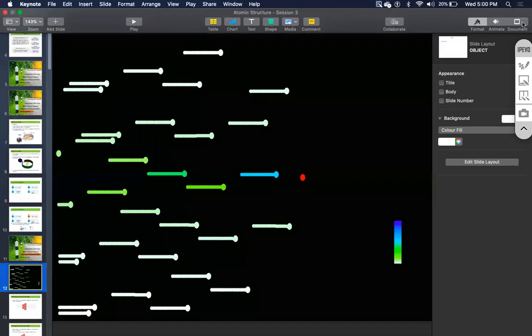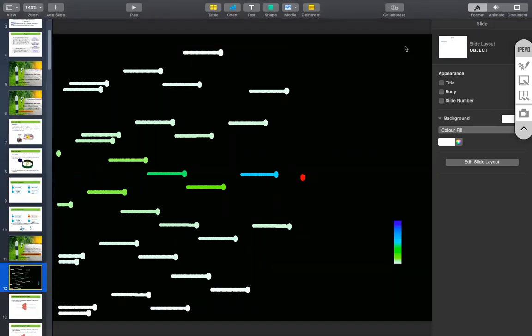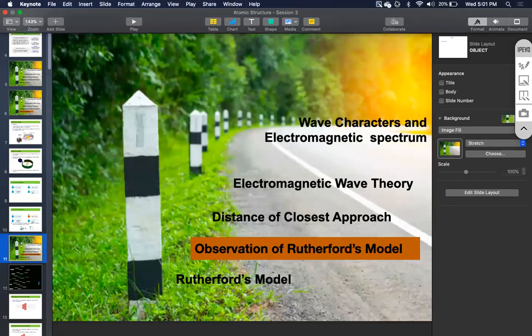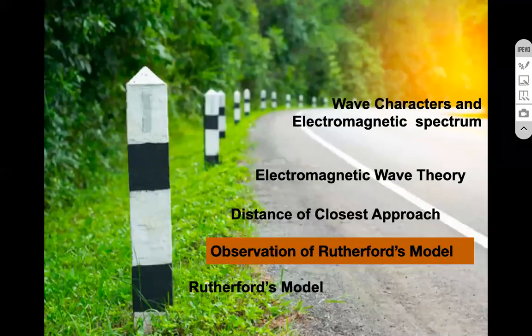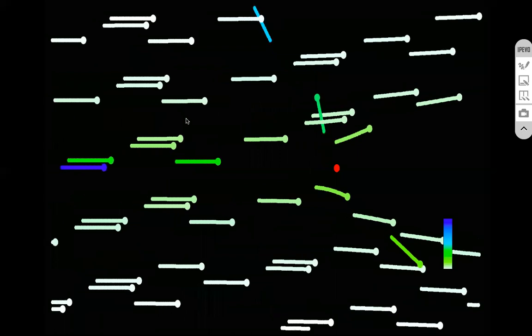You can see the Rutherford alpha scattering experiment. Mostly the rays are going straight.